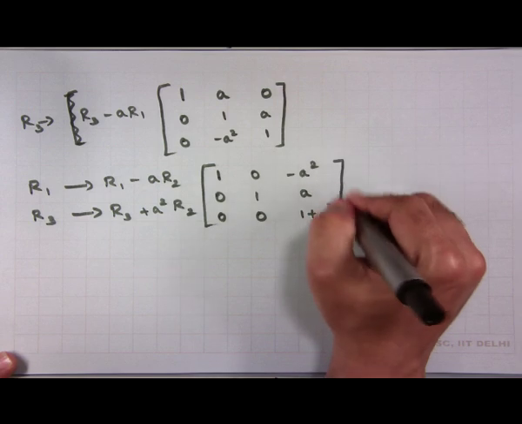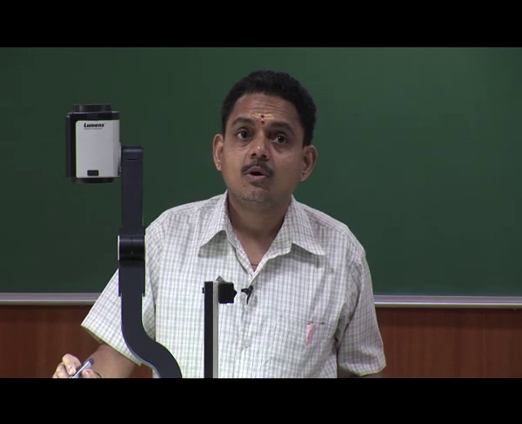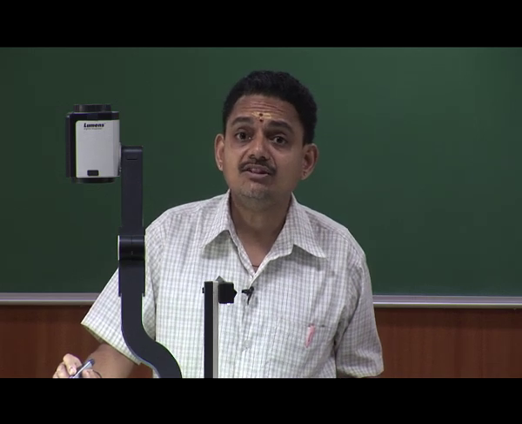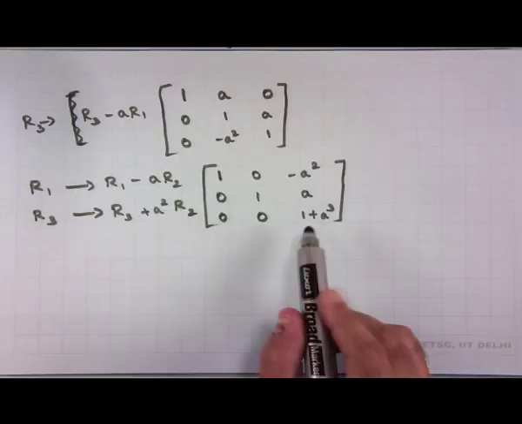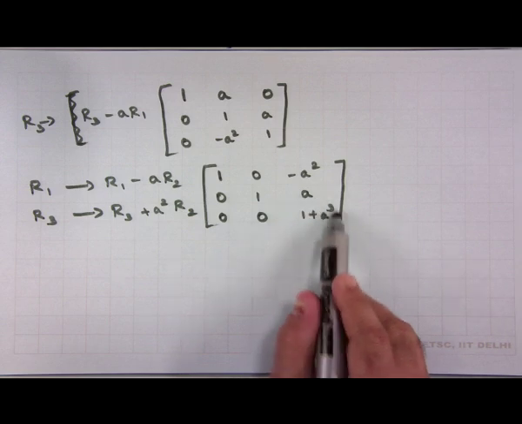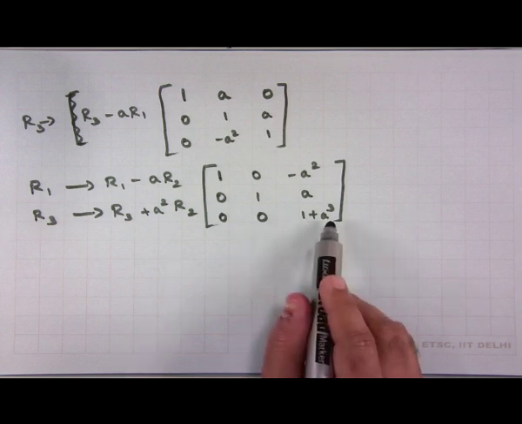Now, for the system to have infinite number of solutions, what is expected is at least one 0 row. Now, you have two zeros. For the last term to become 0, you need 1 plus a cube to be 0, which means a cube should be minus 1.